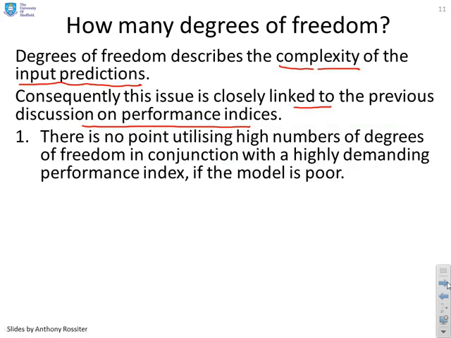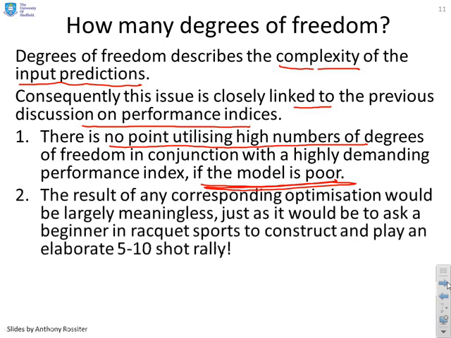So here we've got, there is no point utilizing high numbers of degrees of freedom, that is having a high degree of flexibility in what input trajectories you might choose, if your model is poor. So if you imagine the racket sports player, all they can manage is just about getting the ball back. It's no point planning a strategy of 4 or 5 shots ahead, because they're simply not up to it. Their model does not cope with it.